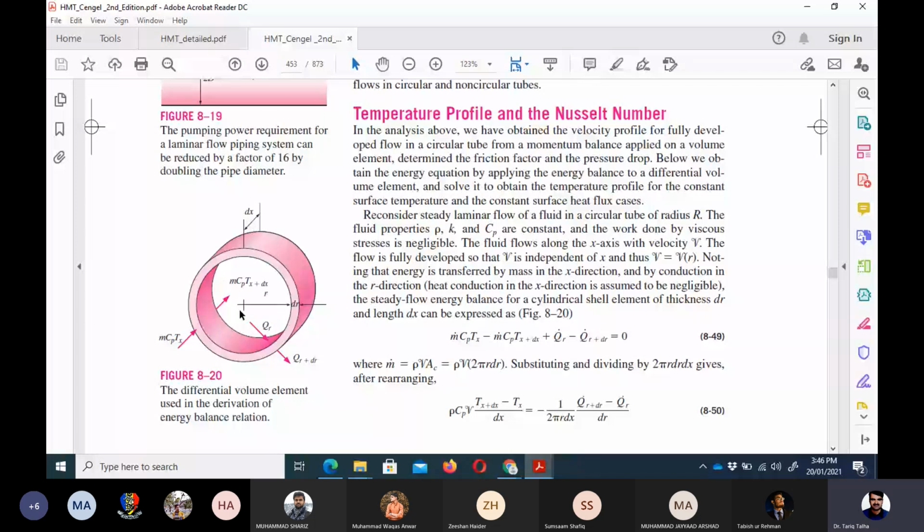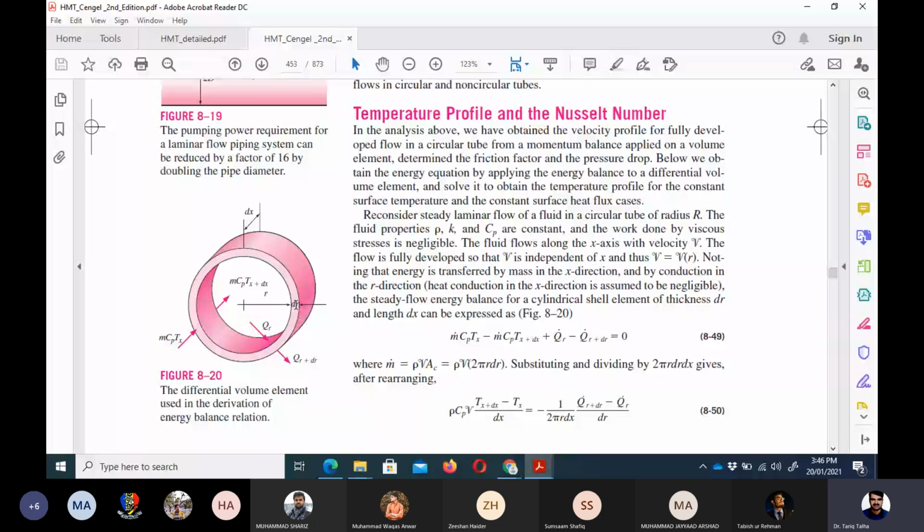And because heat is going out, q_r is at the inner surface and q_r plus dr is at the outer surface of this ring type differential element, and the thickness of this element in the radial direction is dr.